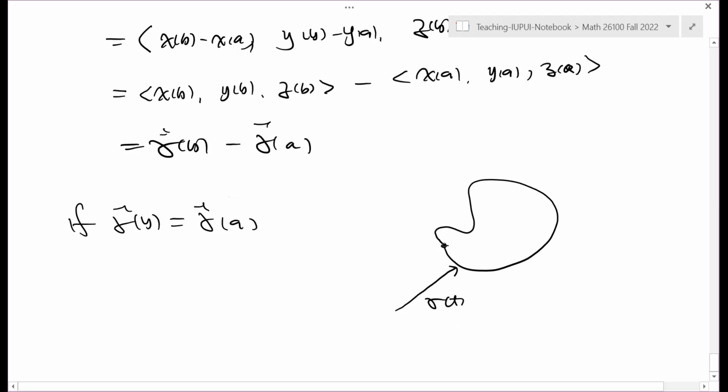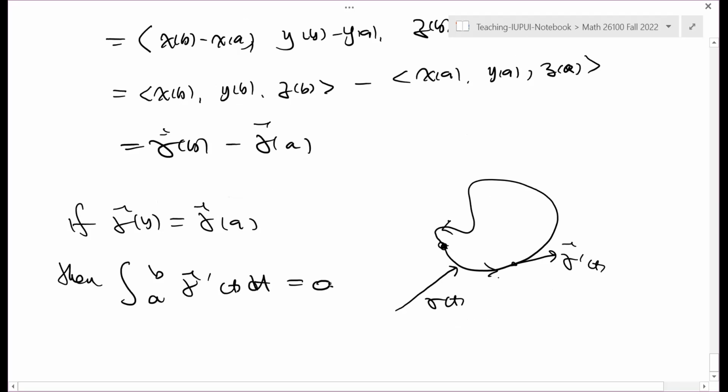That means coming back to this point. Then the integral of the tangent vectors will be 0.